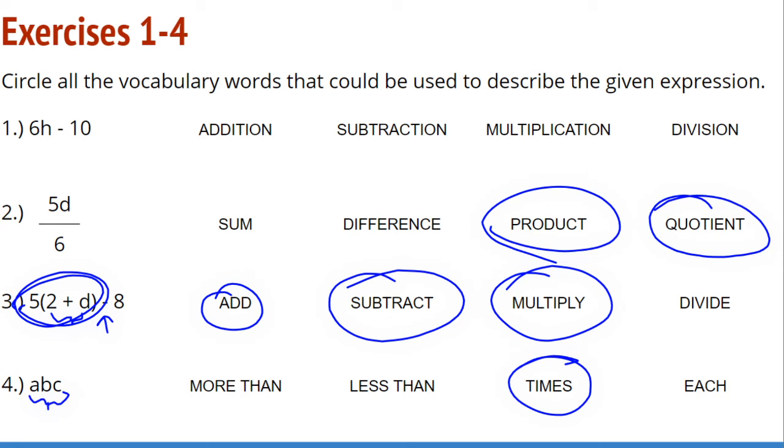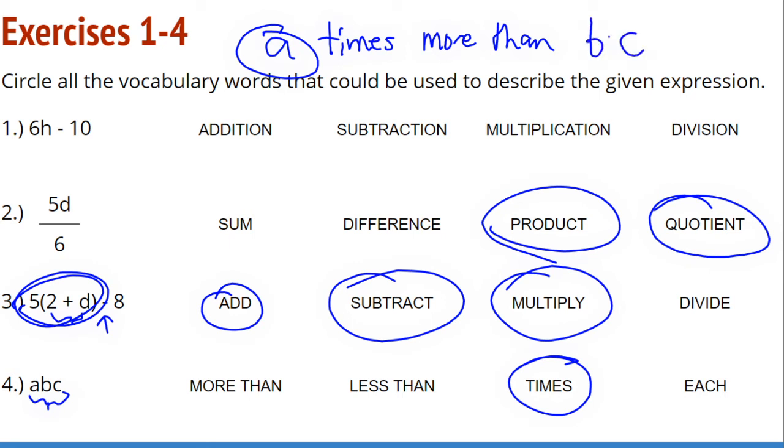Now, depending upon how I read this, I could say that I have A times more than the product of B and C. So I'm saying take the A and it's going to increase it more than the product of B and C. So this "more than" is a possibility. It's a stretch, but it's a possibility. But really, the "times" is probably the best answer there.